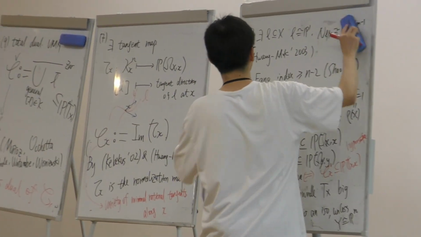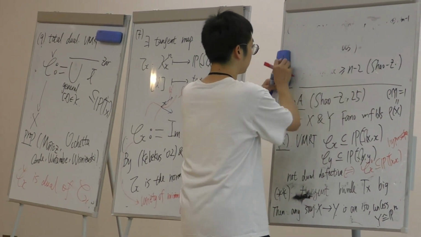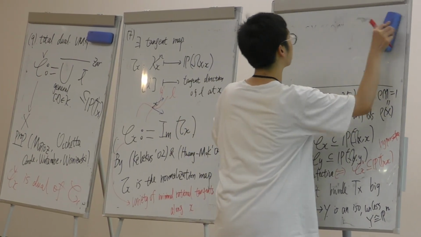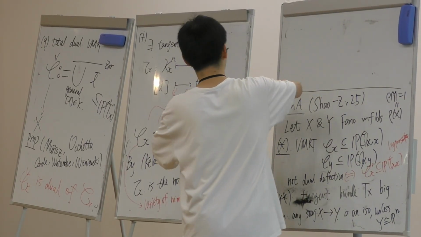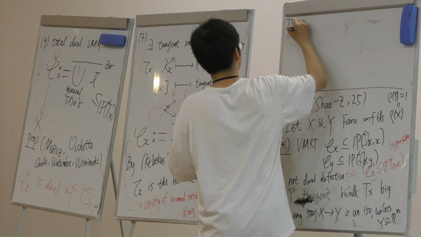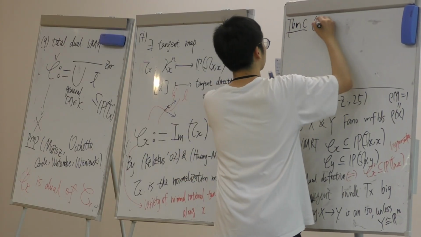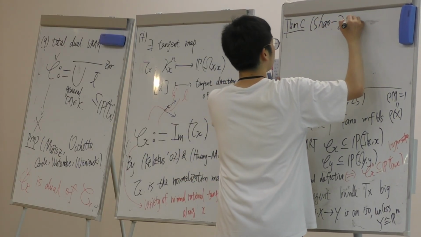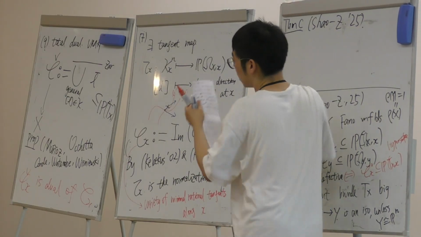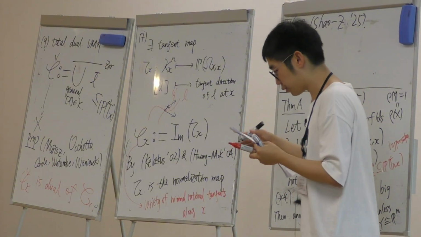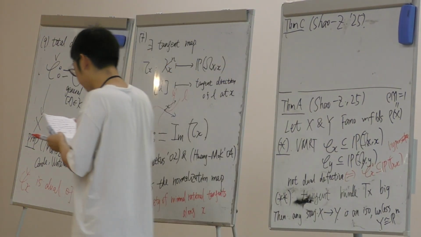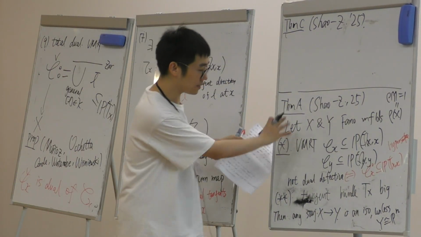Okay, now, maybe I'll remove this part. We have another theorem, also due to Shao and myself. We use some symplectic geometry and foliation theory, but I will not introduce that here. What we proved is, suppose we still have this assumption.